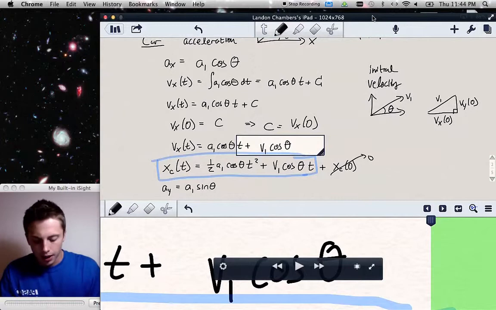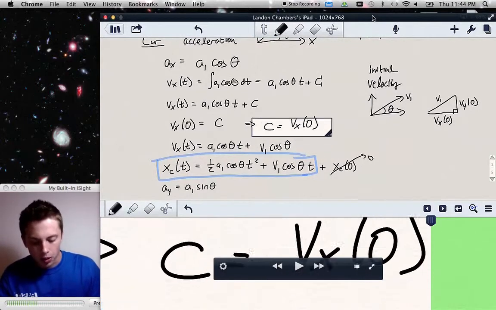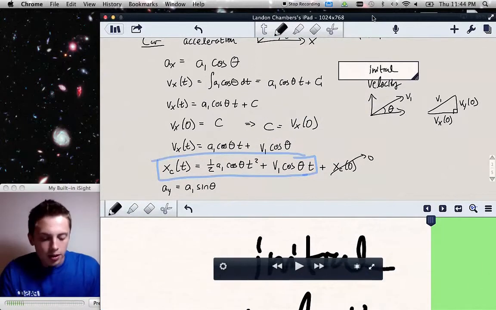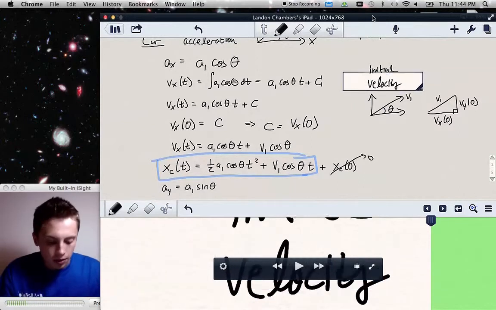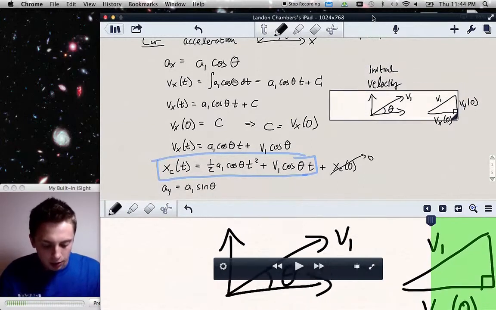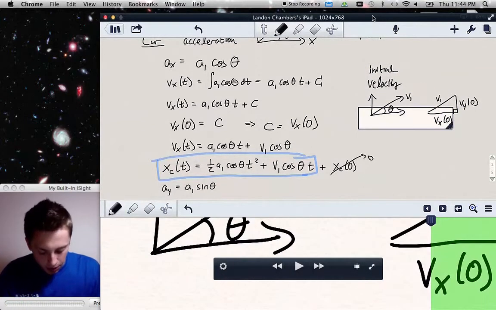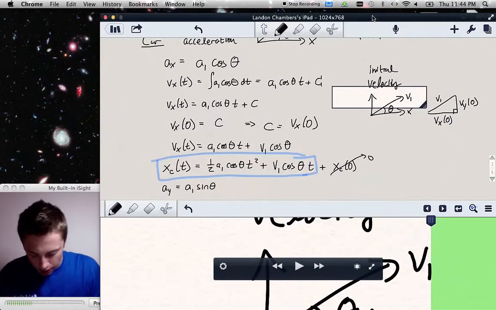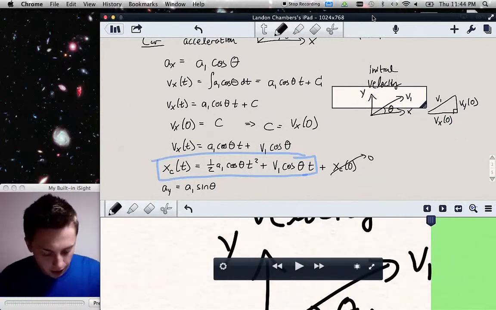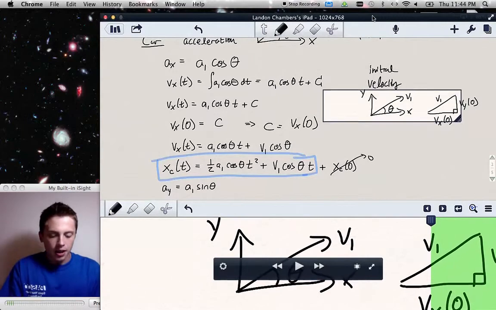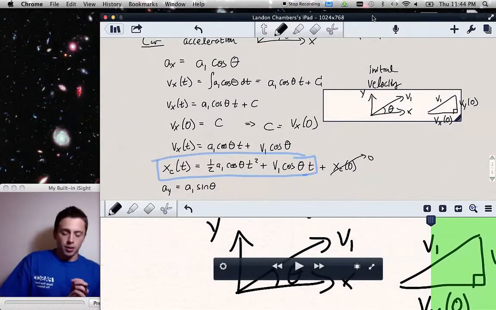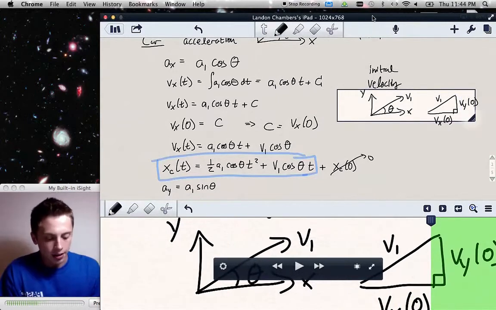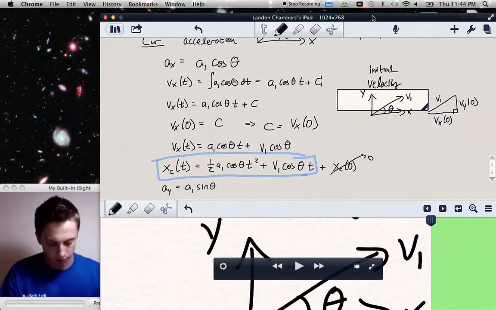And how do we know it's v1 cosine theta? Well, what I recommend you doing here is when you run into the initial velocity, go ahead and draw the vector. So we have the positive x. Always draw your vector using a coordinate system that has been given to you. And v1 is up the ramp, right? So it's at an angle theta, and it has a given magnitude of v1.